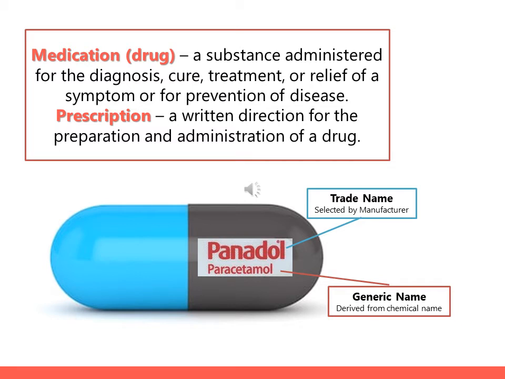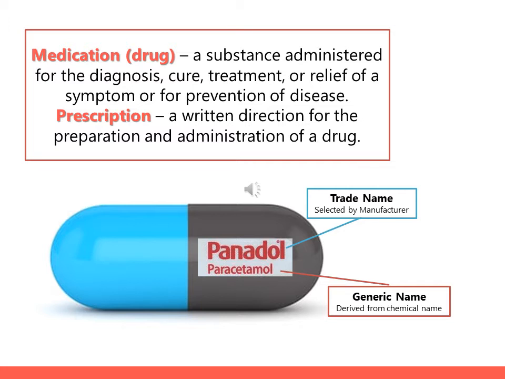So what is medication? Medication is a substance given to a patient or administered for the diagnosis, cure, treatment, or relief of a symptom or for prevention of disease. And the word medication is used interchangeably with the word drug. So when you hear medication and when you hear drug, they are the same.